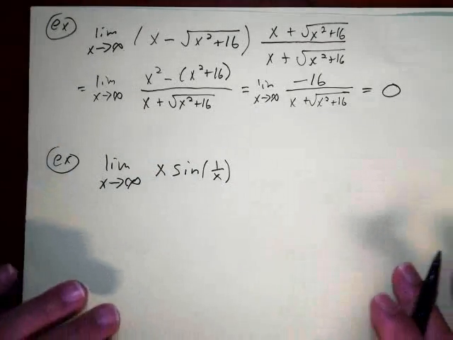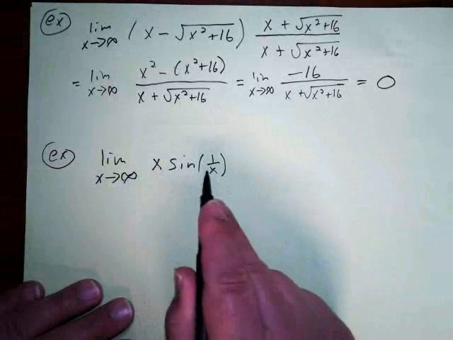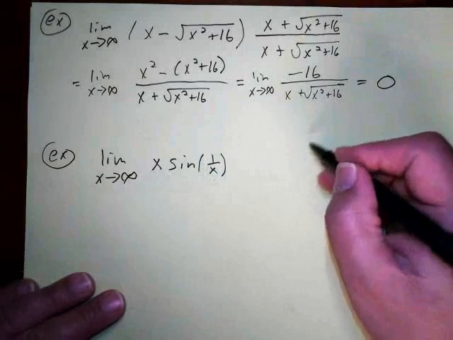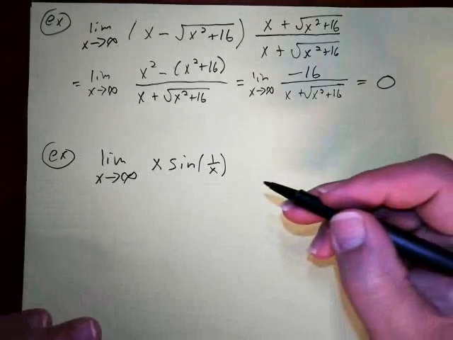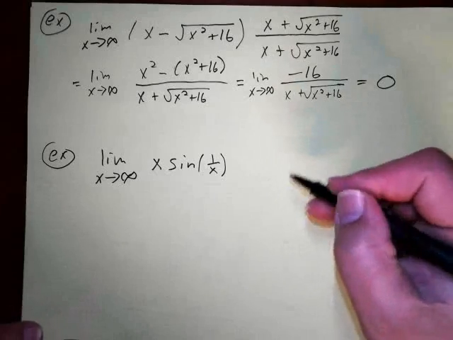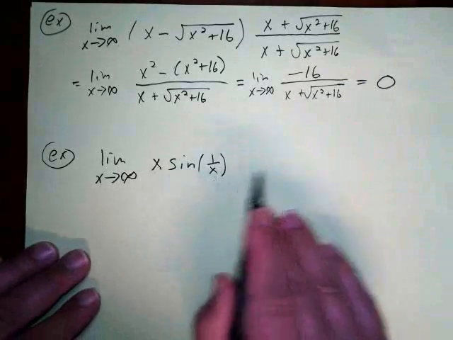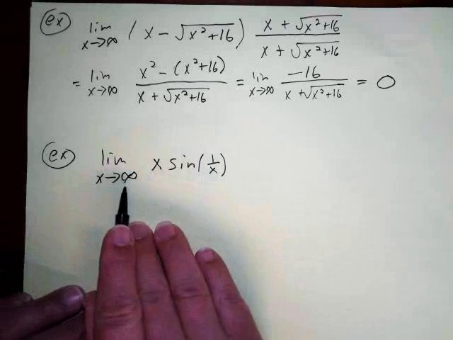Okay? And then this is an interesting one, x over sine of 1 over x. If you remember, sine of 1 over x is where it oscillated up and down forever as you zoom in on 0. You just zoom in more and more, it oscillates more and more. But in this case, we're not going to 0, we're going to infinity.